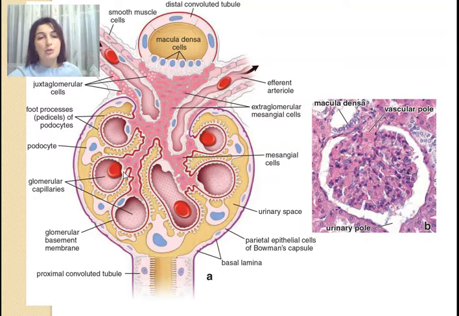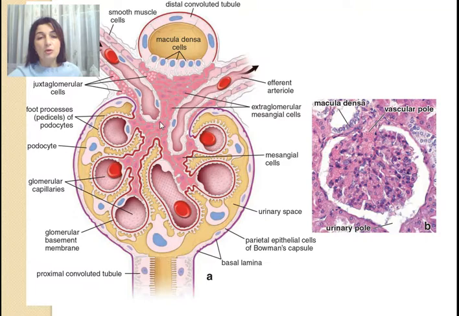They phagocytose the spent part of the basement membrane, and they also participate in the production of the basement membrane. Then they have receptors for angiotensin II, in response to which they contract and they decrease filtration. In that way, they decrease production of the urine, decrease filtration of the blood plasma.